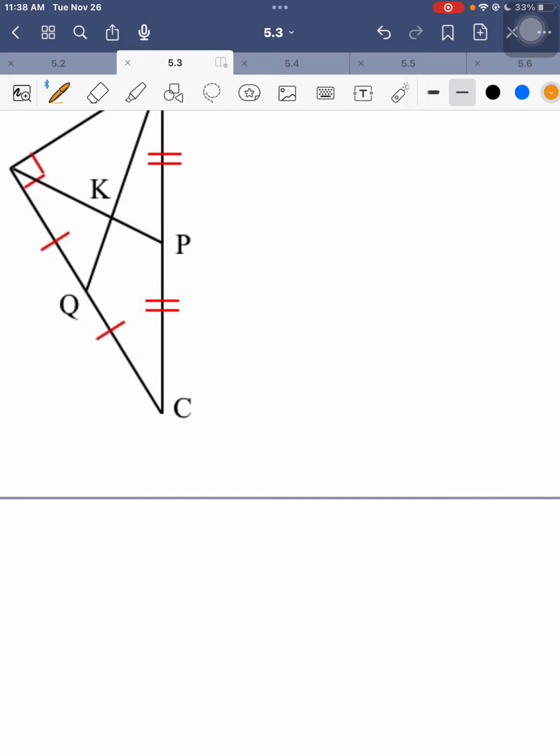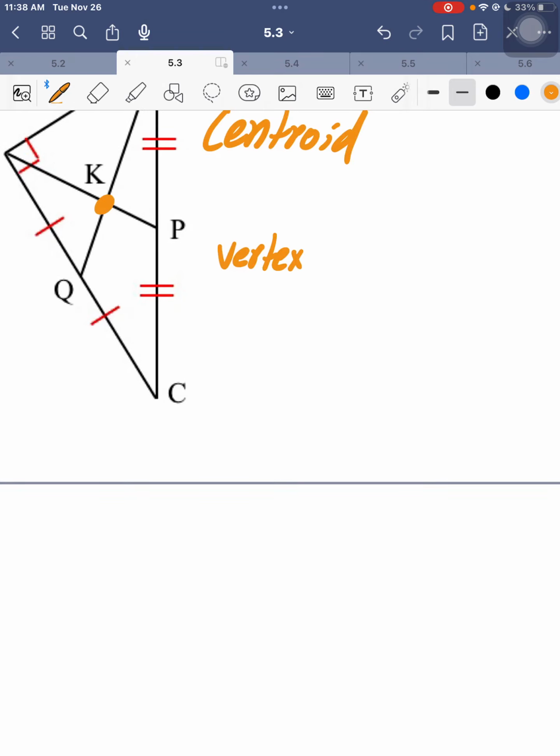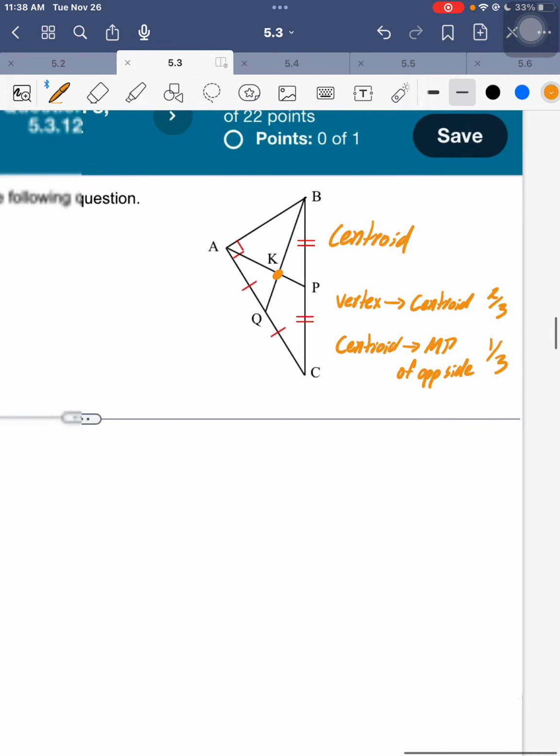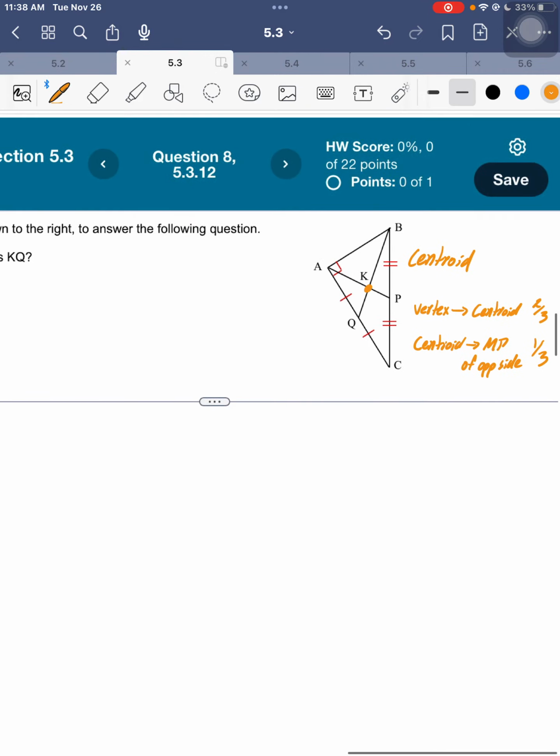From your vertex to your centroid is how much? 2/3. From your centroid to your midpoint of the opposite side is how much? 1/3.